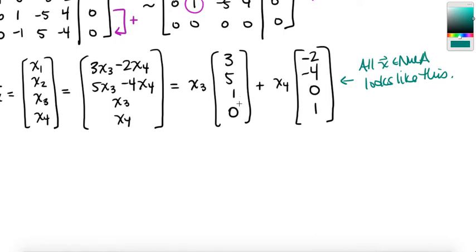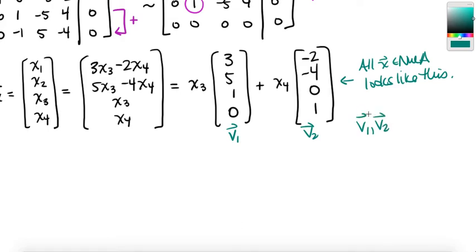And if we look at these two vectors, this one has a 0 right here, and there's a 1. This one has a 0 right here, and there's a 1, and we're not going to be able to get this one as a linear combination of this one or vice versa. So let's call this V1 and this V2.